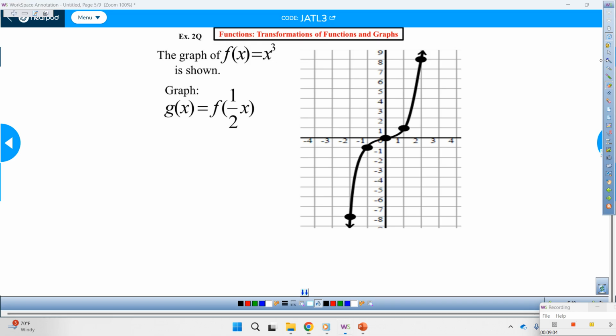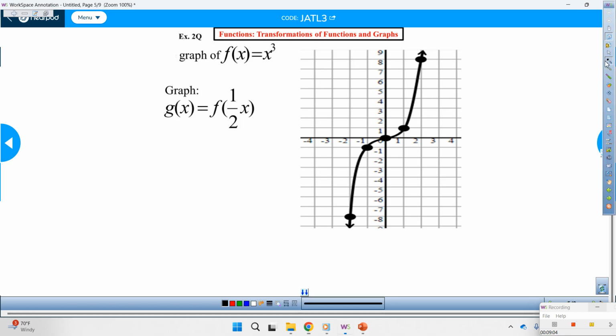So, first things first, remind your neighbor, it says the graph of f of x equals x cubed is shown. There it is. However, what if I gave you this? And for it to say graph of f of x equals x cubed. Tell your neighbor what to do if it just says to graph that.